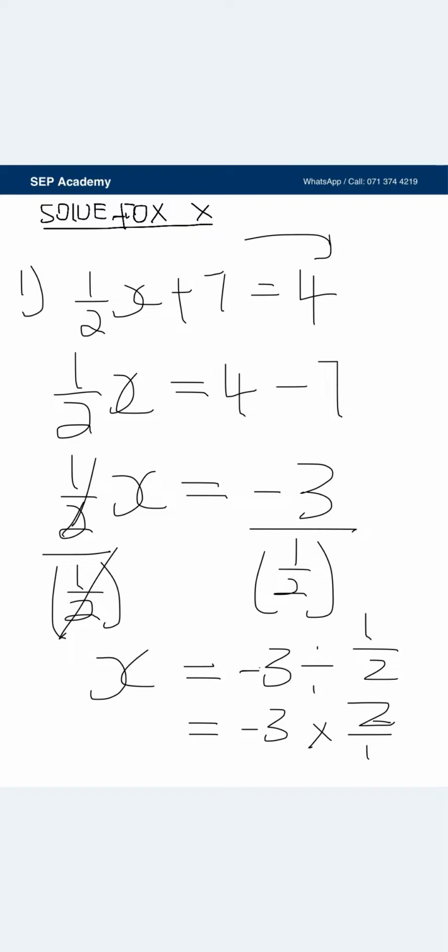So now it clearly looks like you are going to have a negative 6 because you end up having that negative 3 multiplying that 2, which ends up being negative 6, and that should be the end of it.